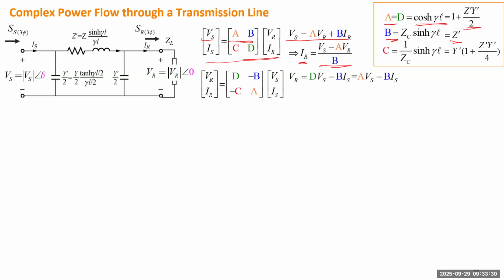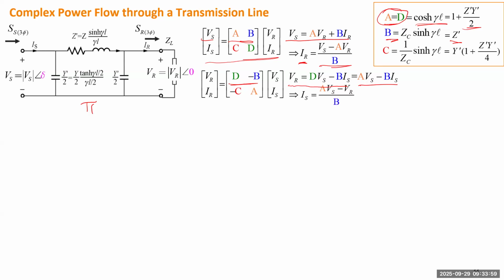Okay, so by utilizing also the first row of the matrix, we'll have VR be equal to a linear combination of VS and IS, because for this model, we take a pi model, which is symmetric. So that will make A and D be equal, which means D is also equal to A.